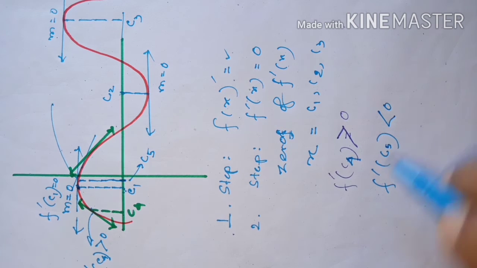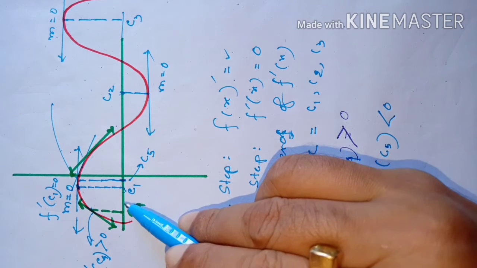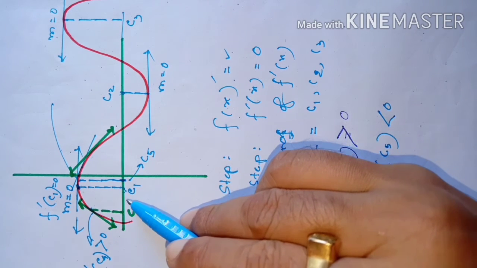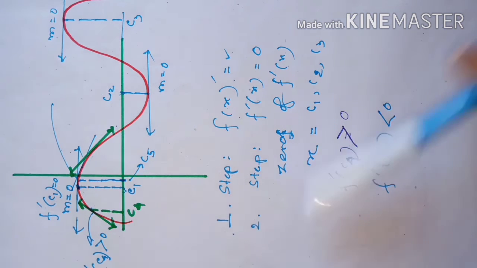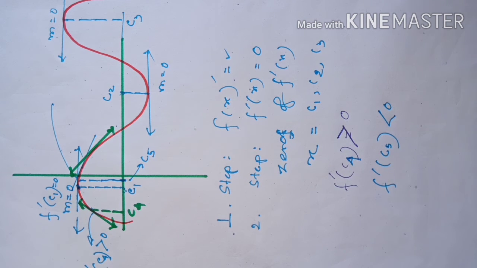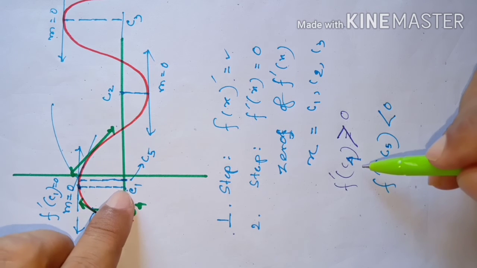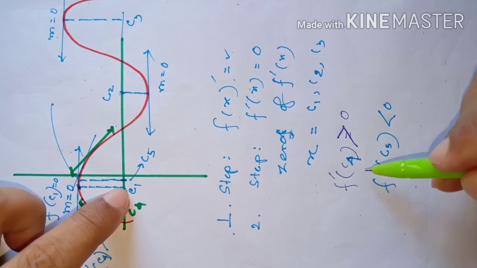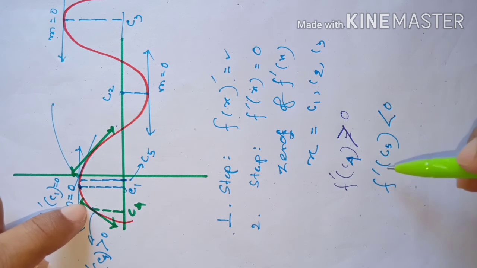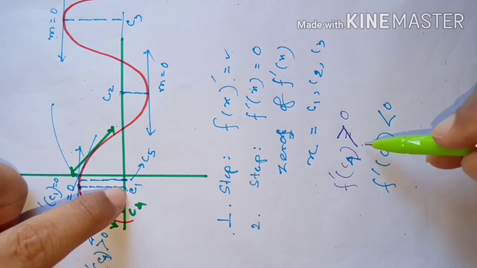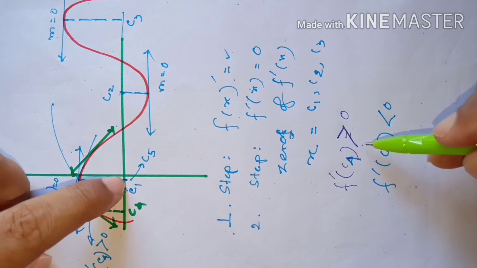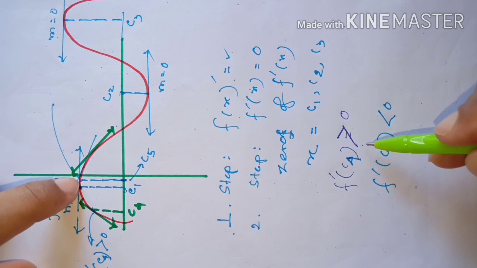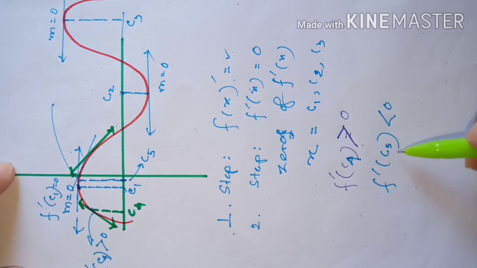If it happens, we can say C1 is the point of local maxima. A point of local maxima is a point at which, just close to that point, towards its left hand side, the derivative of the function is greater than 0, and the derivative just towards the right hand side of that point, very close to that point, is less than 0.